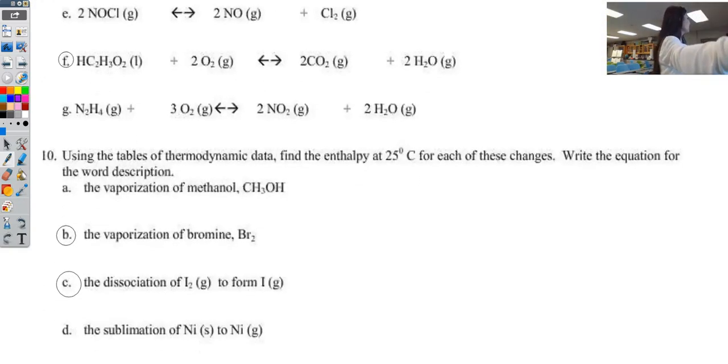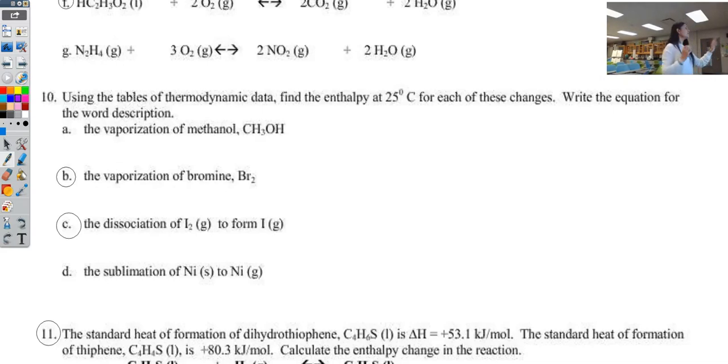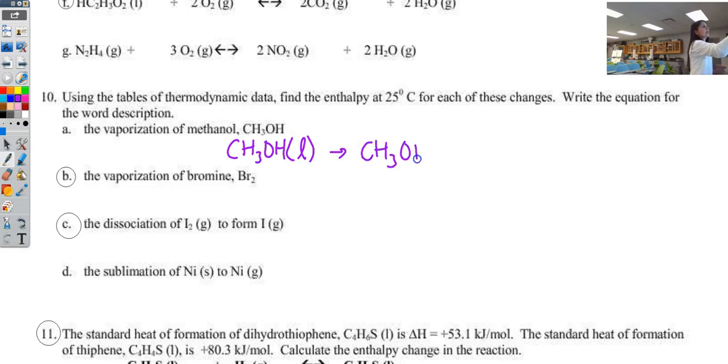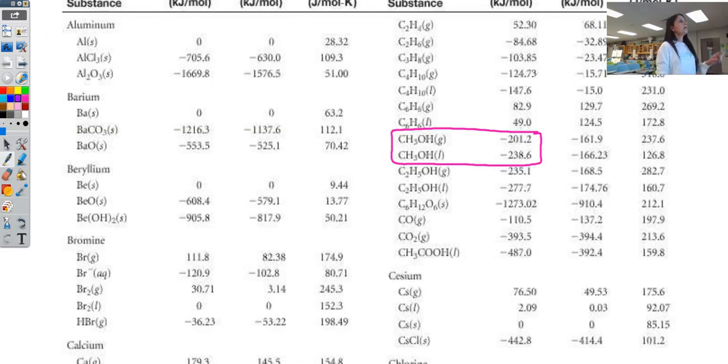All right, the last thing I wanted to talk about is number 10. I'm going to do letter A with you. It's methanol vaporizing, so I'm going to go with CH3OH. What is vaporizing? That means it's turning from a liquid to a gas. So all I'm going to do is products minus reactants. Once you have your reaction set up, you can simply do that. Let me take a look at the thermo chart here. I found them right here.